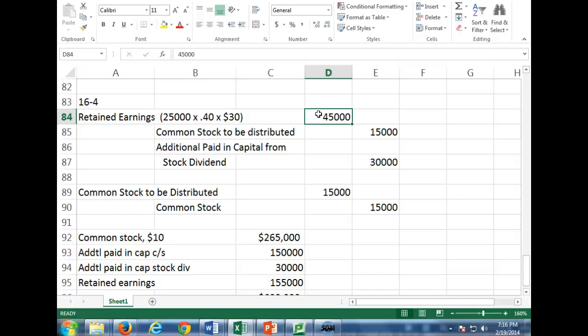What's this number going to be now? 100,000. But if we take 100,000 and divide it by $30 a share, how many shares is that? Oh, excuse me, 100,000.